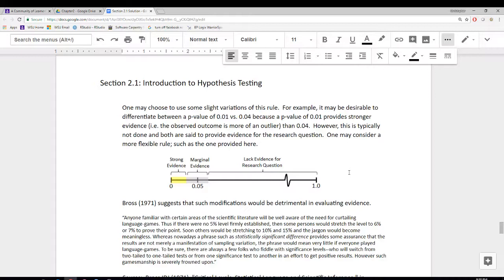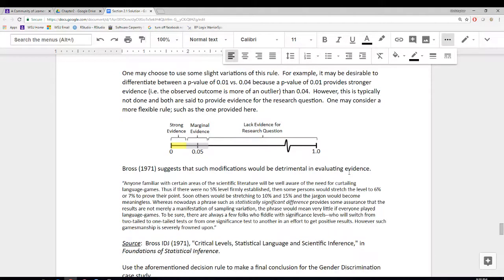It does not matter if you're in biology, sociology, a business school or a law school. Everybody uses the 5% rule when evaluating statistical evidence. That's actually kind of nice, if you stop and think about it, that everybody uses that same standard.